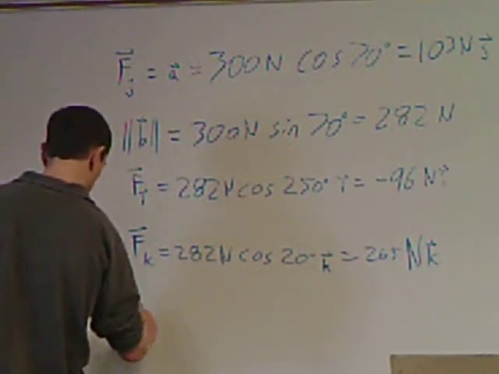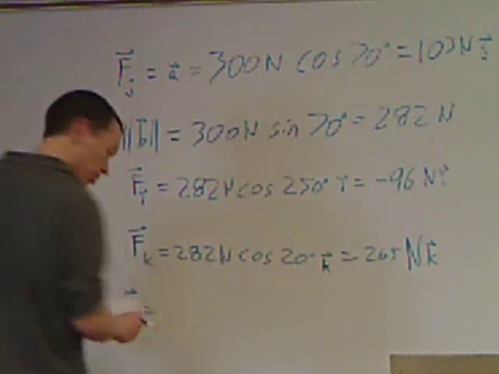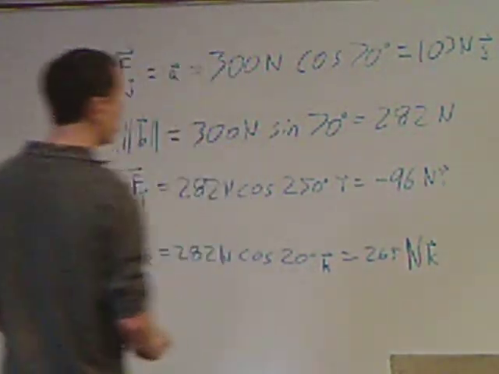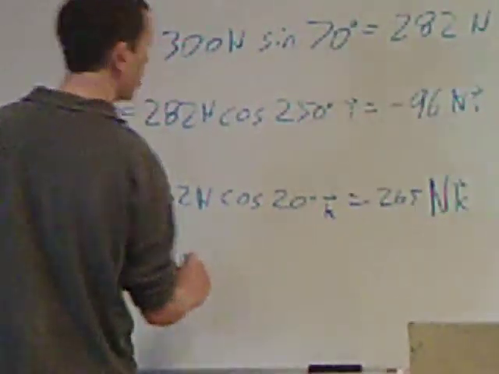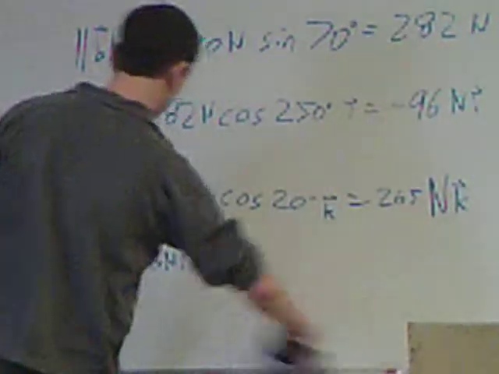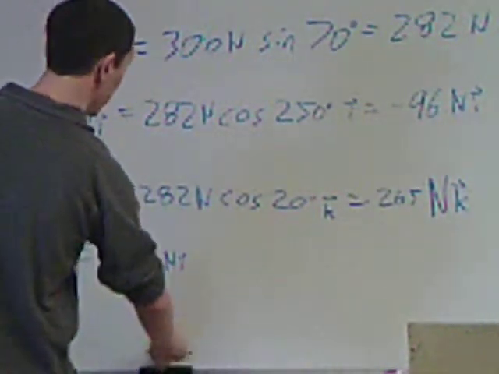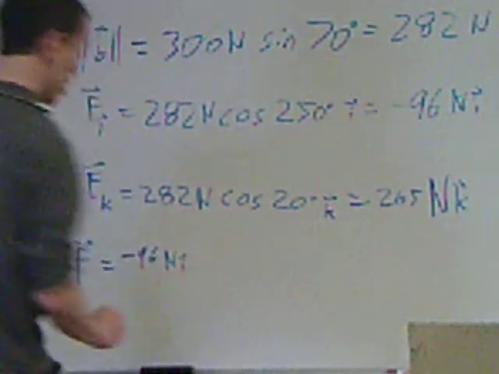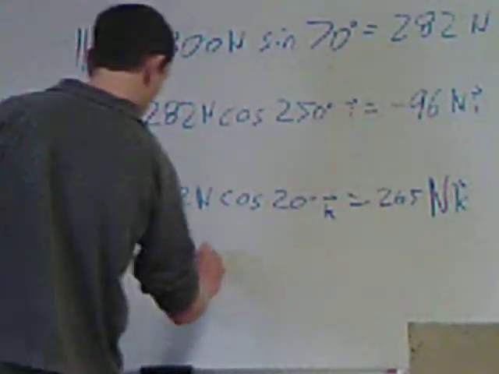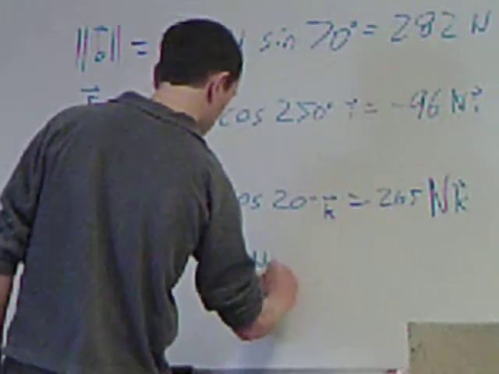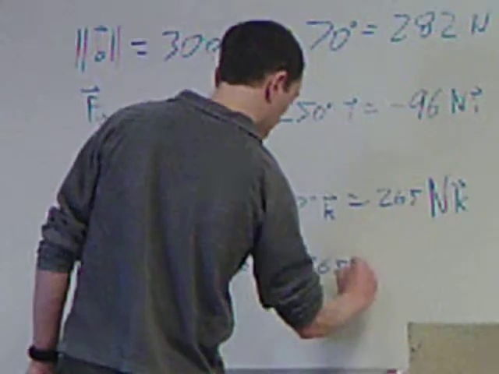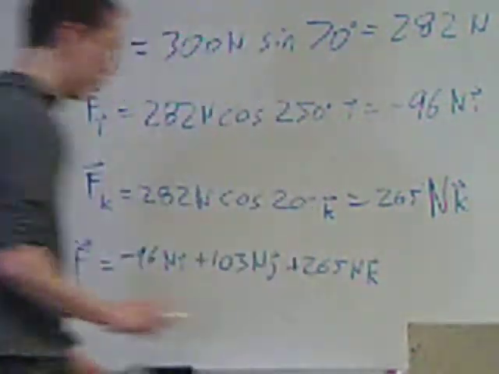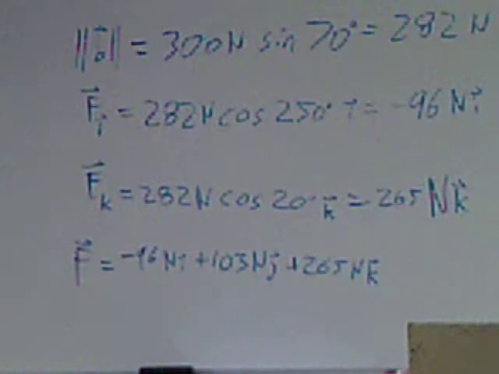F equals, here we go, negative 96 newtons I, and then plus 103 newtons J, and plus 265 newtons K. There we go. That's our vector broken up into the unit vectors I, J, and K.